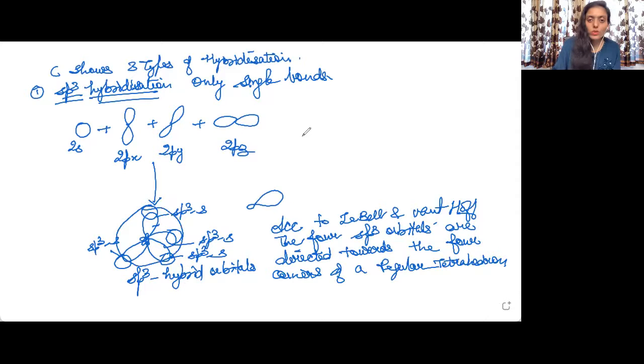If you want to show it in lines, you can just show carbon in the center. This is one orbital, this is the second, this is the third, this is the fourth. I think this should be drawn a bit better.